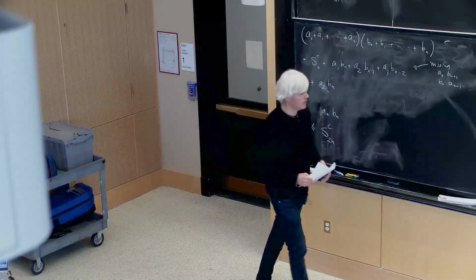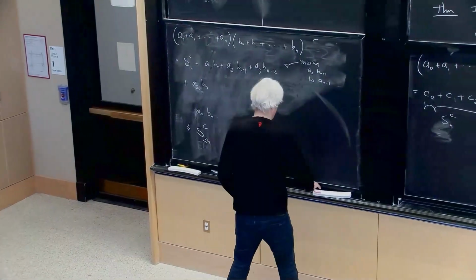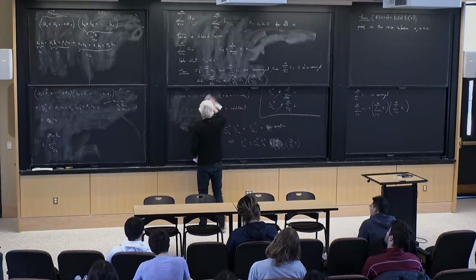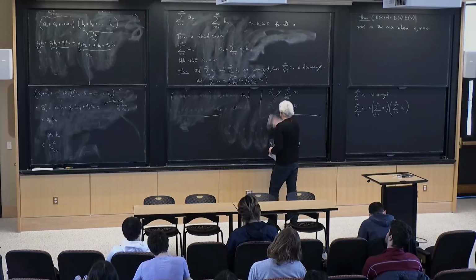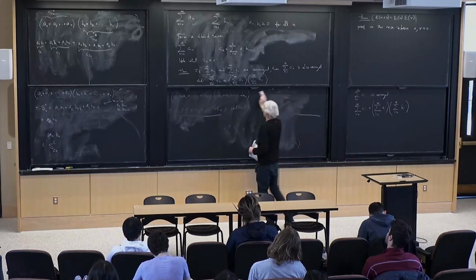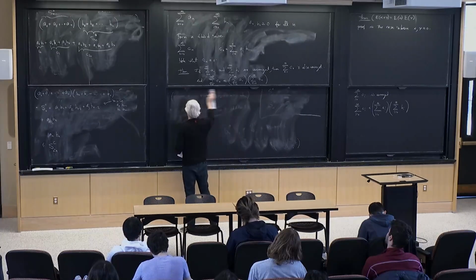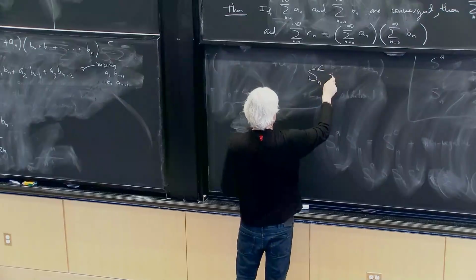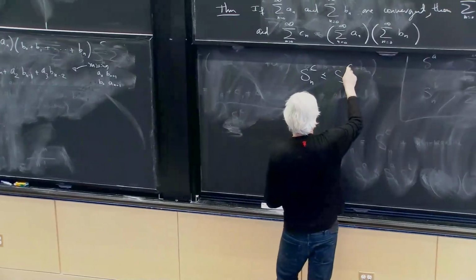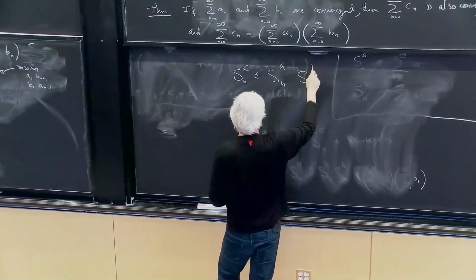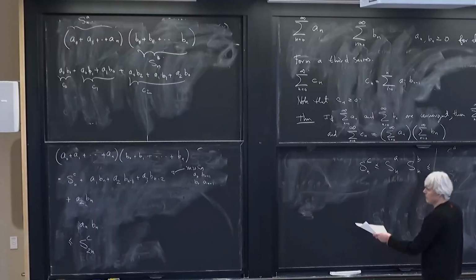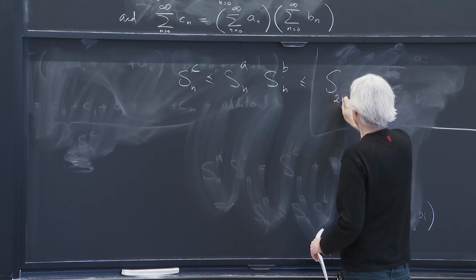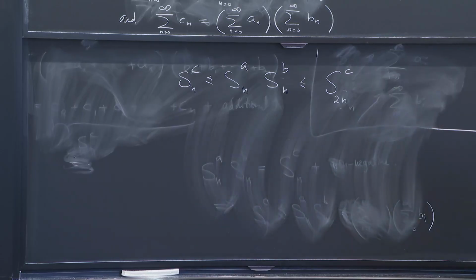So you see that what we established before was the inequality that SNC was less than SNA times SNB. But what we have now is that this product is less than S2NC.